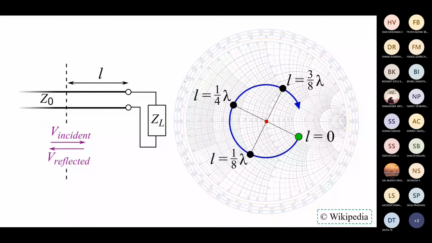And another, as I already told, the impedance point can be mapped along the transmission line. For instance, we already know that this is the load impedance, and at any particular point we can calculate the input impedance. So what is the expression for it?